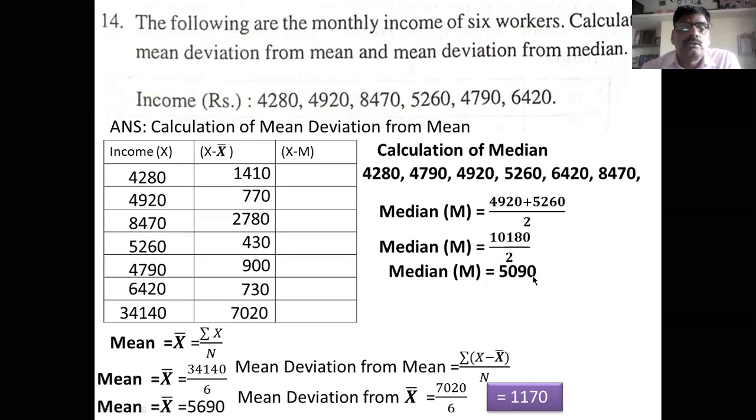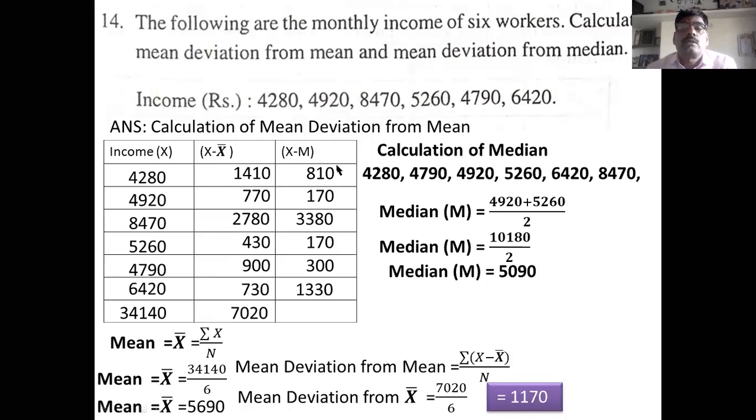4,280 minus 5,090, first value, 810. 4,920 minus 5,090, 170. 8,470 minus 5,090, 3,380. 5,260 minus 5,090, 170. 4,790 minus 5,090, 300. 6,420 minus 5,090, 1,330.